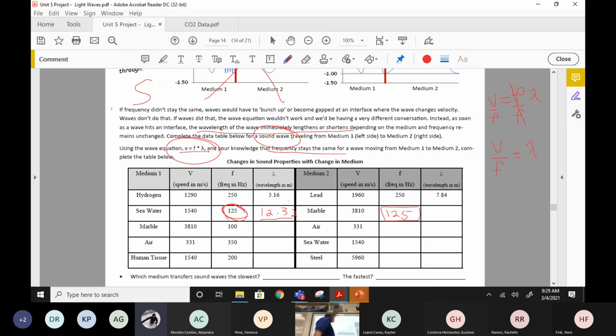So you have to do your division again to find the new wavelength. 3,810 divided by 125 gives your new wavelength. And see if you agree with me.